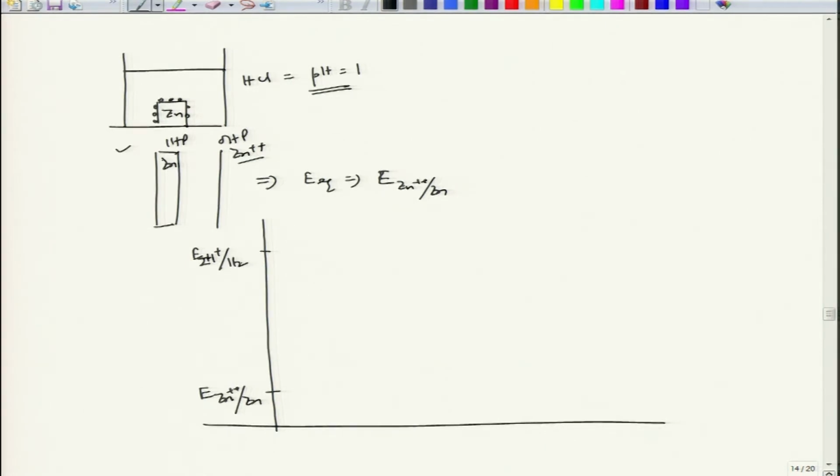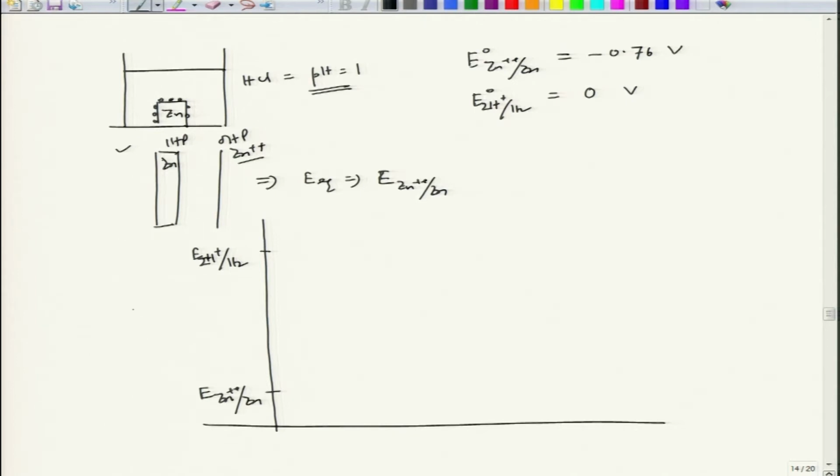These two layers with two levels we will have. Since we already know that E0 zinc plus zinc equal to minus 0.761 volt, and E0 H plus H2 equal to 0 volt.